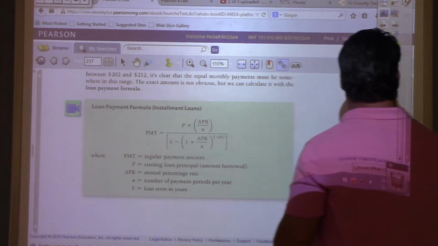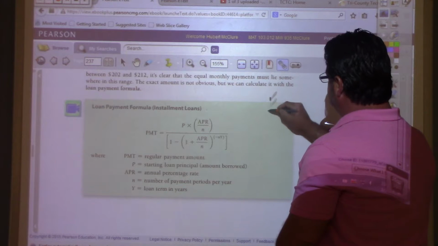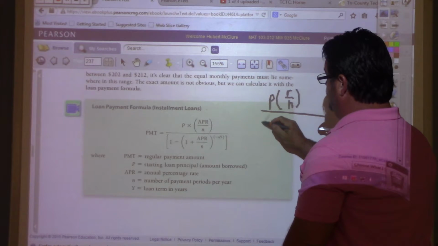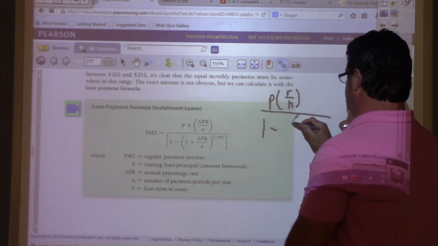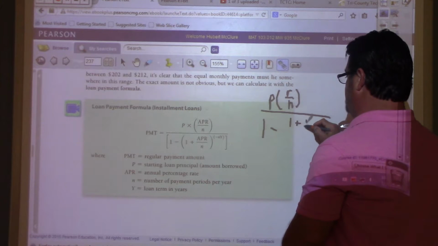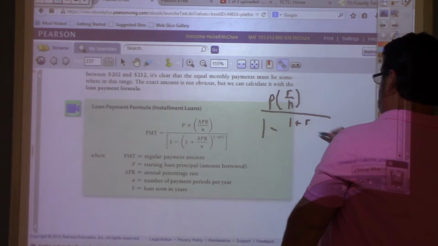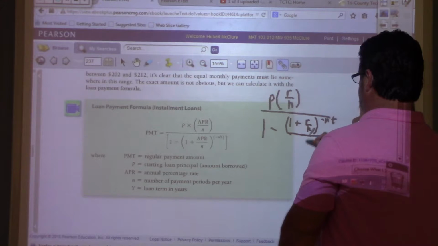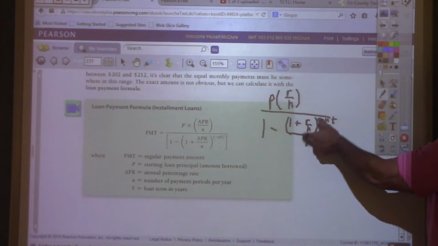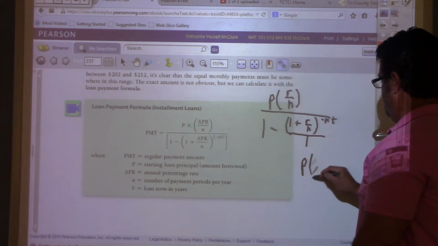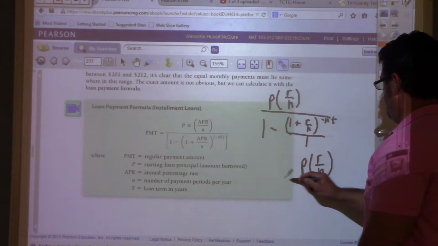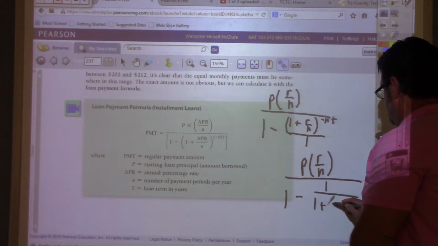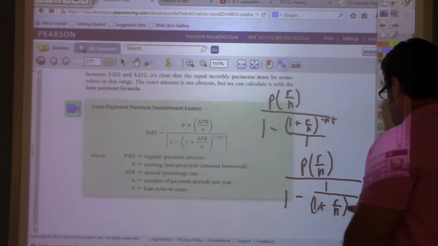I'm going to rewrite it as P times R over N, over 1 minus 1 over 1 plus R over N raised to the NT power.